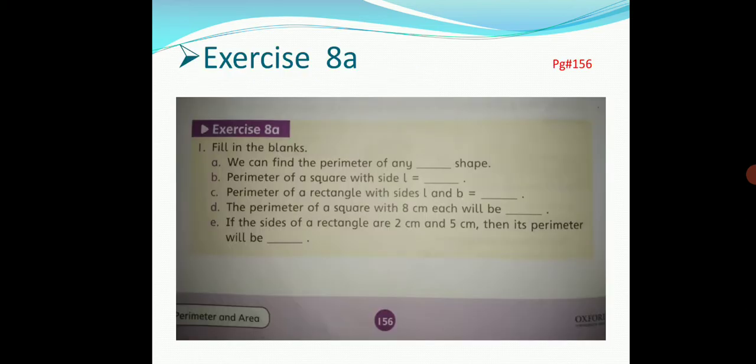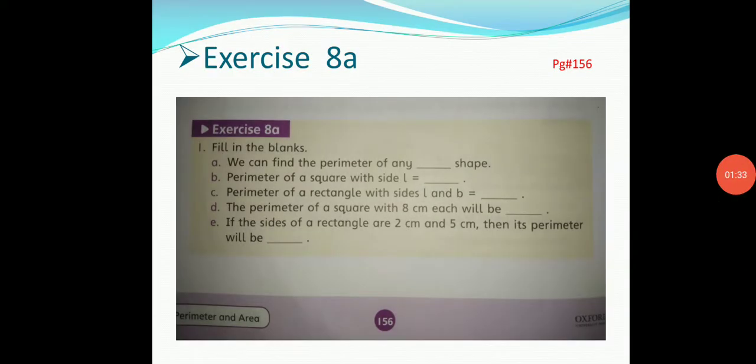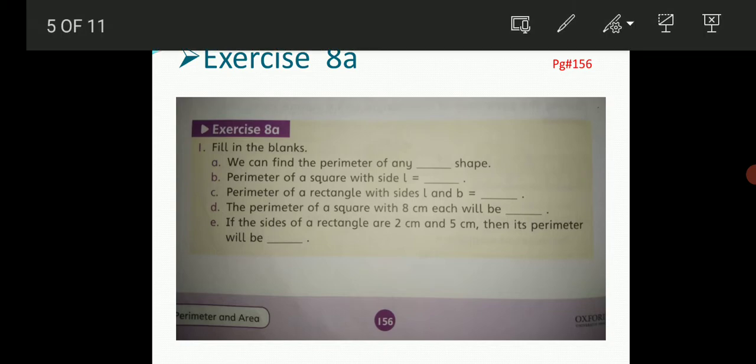Now move on to the exercise on your page number 156, exercise 8a. You have already done all the exercises, but we can revise them so you can also use these. Question number 1 is fill in the blanks. Part A: we can find the perimeter of any closed shape.